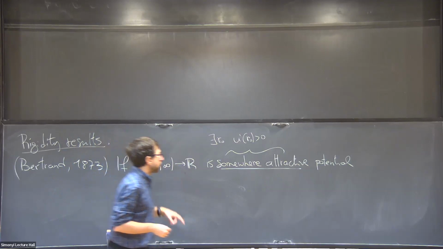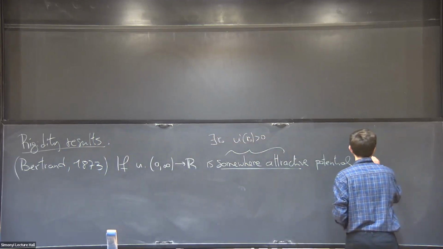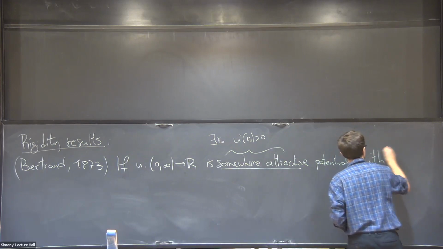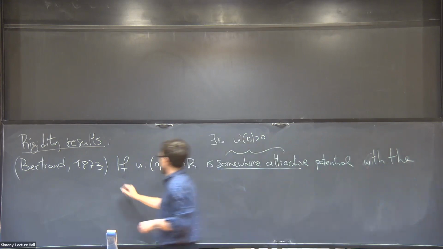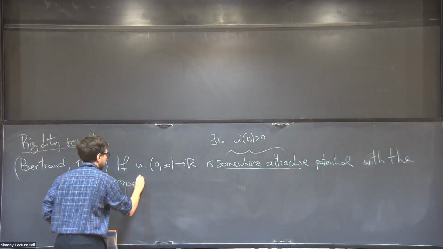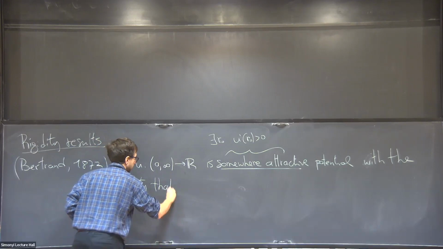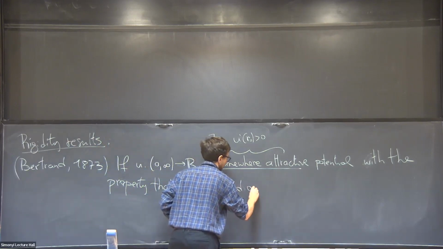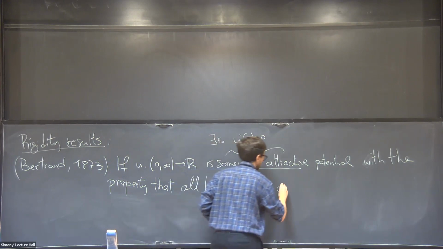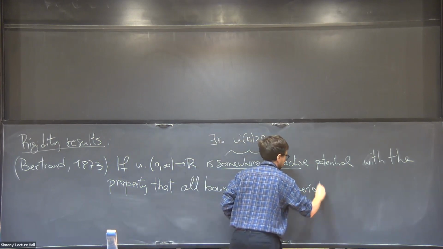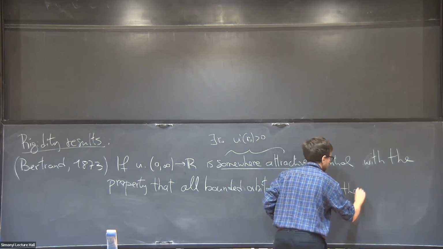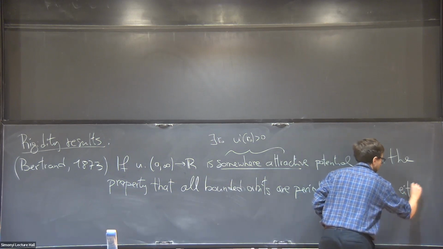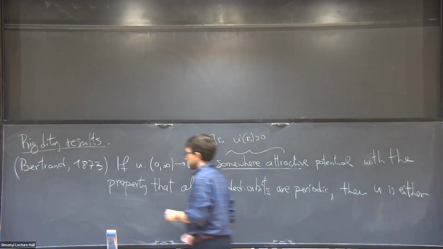So it is a somewhere attractive potential with the property that all bounded orbits are periodic. Then you are in one of these two cases above: U is either Kepler or harmonic oscillator.